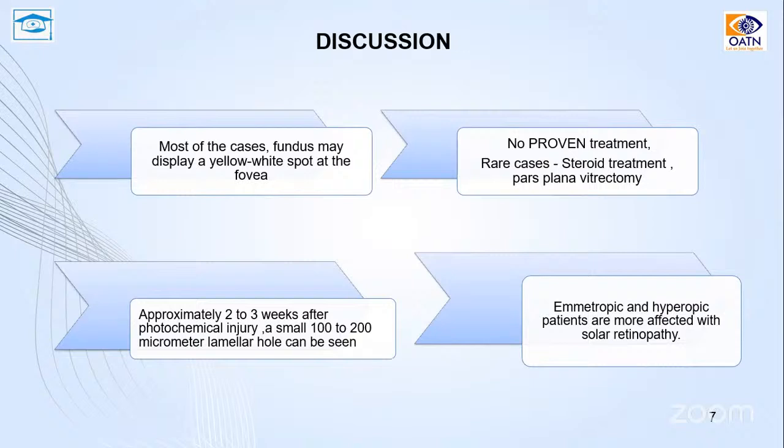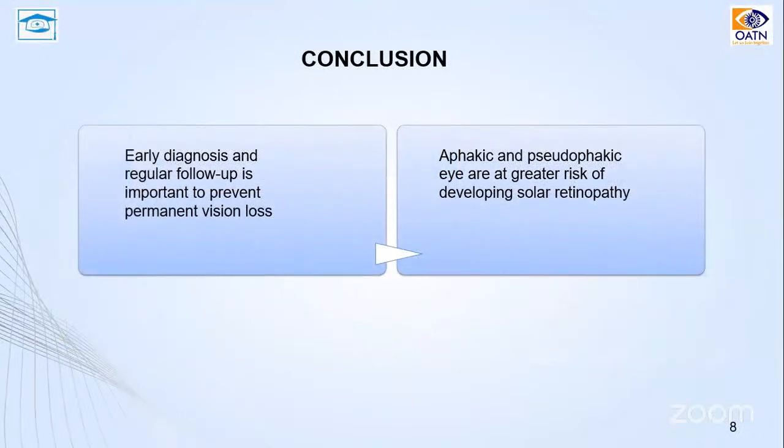That's why in this case, the patient has a laminar hole in one eye and solar retinopathy in the other eye. Emmetropes and hyperopes are at higher risk. Early diagnosis and follow-up are important for this patient to avoid permanent vision loss. Aphakic and pseudophakic patients are at risk of developing solar retinopathy.